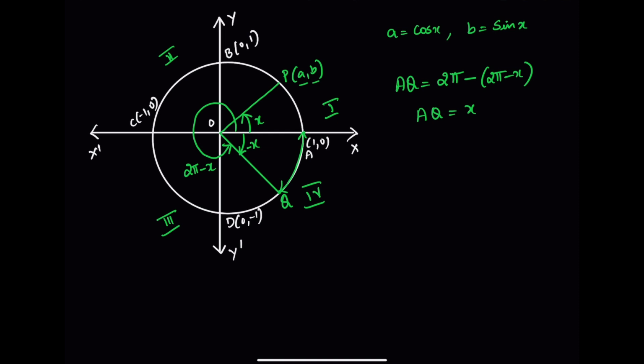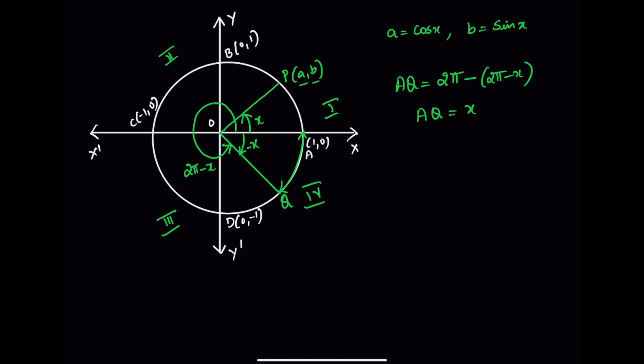So when an angle is measured in clockwise direction, it is minus x, and when the angle is measured in anti-clockwise direction, it is positive x or positive angle. Now we know the required angles.